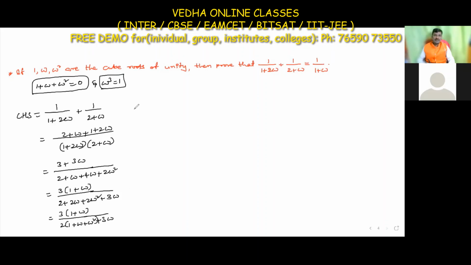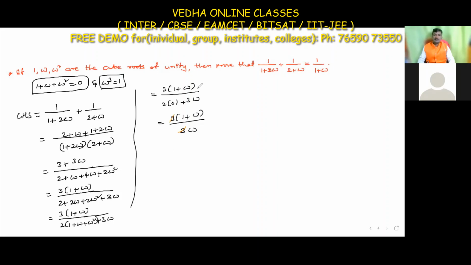So what is the value here? This is equal to 3 into 1 plus omega as is, divided by 2 into 1 plus omega square, which is 0, plus 3 omega. 3 into 1 plus omega divided by 3 omega. So here you can cancel the 3 and 3.